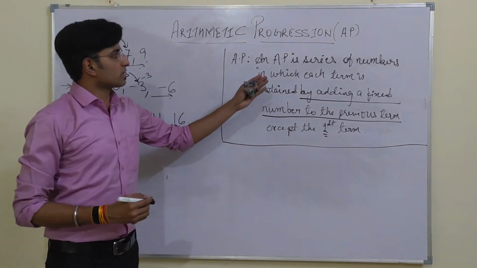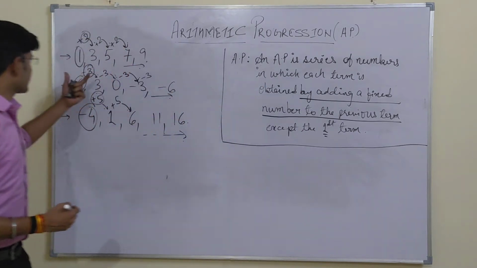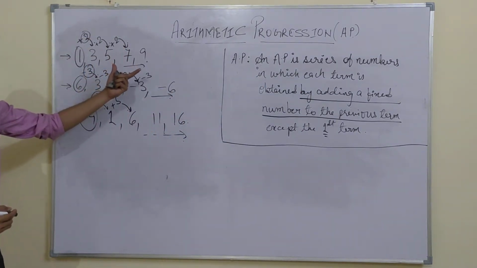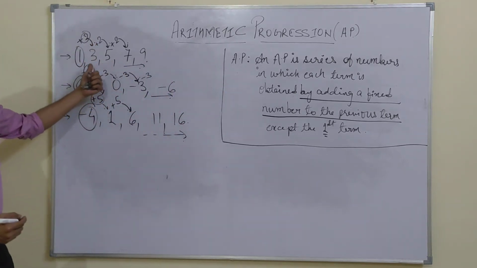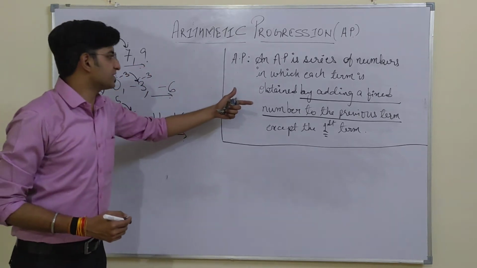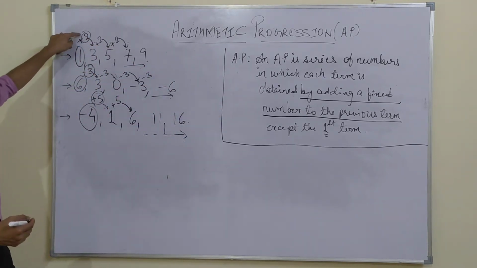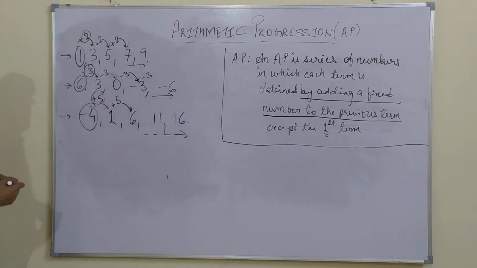An arithmetic progression or an AP is a series of numbers, like as you can see here also we are having a series of numbers in which each term is obtained by adding a fixed number to the previous term except the first term.